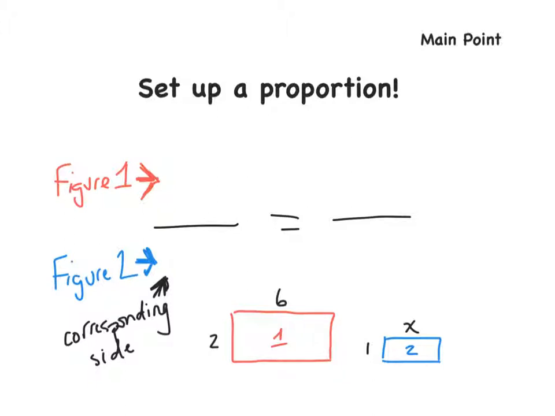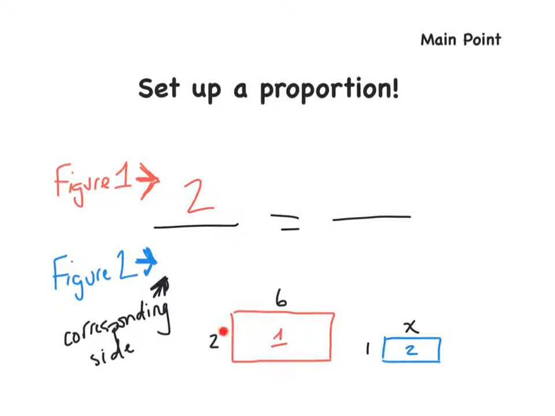In this, I'm trying to find what x is. What's the length of this side? These are similar figures. If I'm just going to focus on the sides first, on the left side, I have 2. Then I want to find on figure 2 for this denominator, what's the corresponding side for 2 in the smaller one?